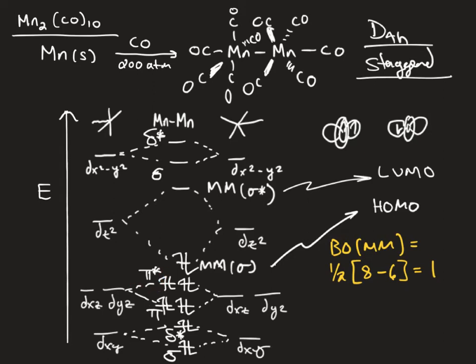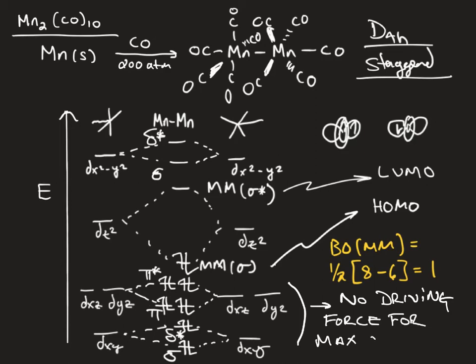Because there are no net bonding interactions in a delta or a pi type fashion, there's no driving force for these to have maximal overlap. Because of this, this is going to allow for rotation of these bonds, because the only net strong bonding interaction is this manganese-manganese single bond, which is cylindrical in nature.